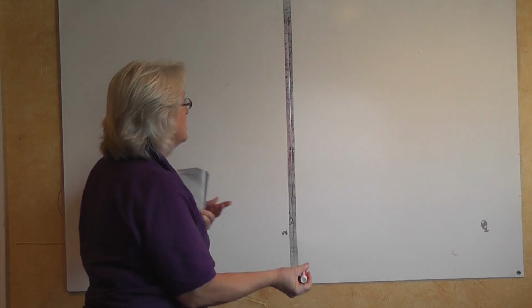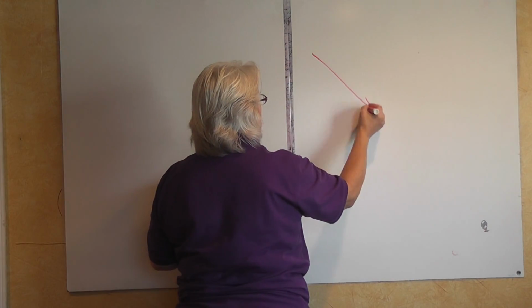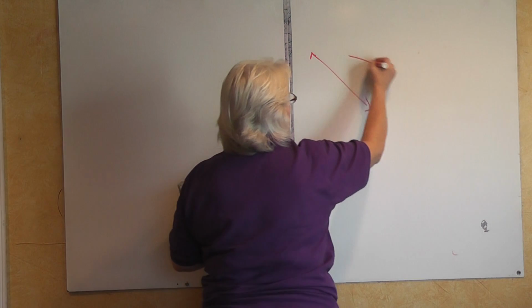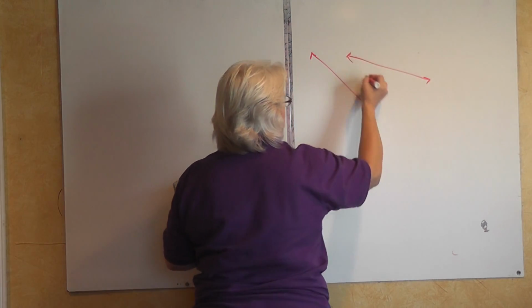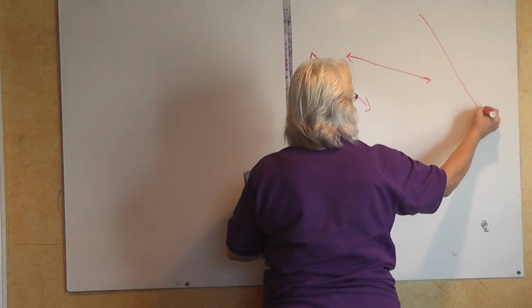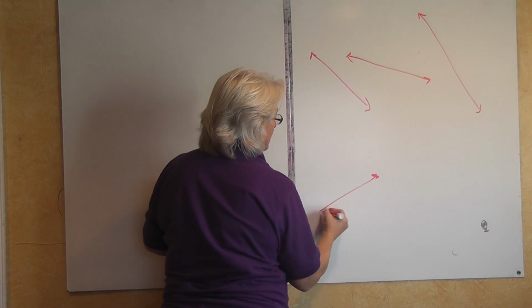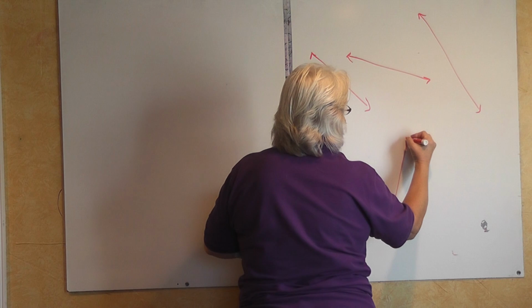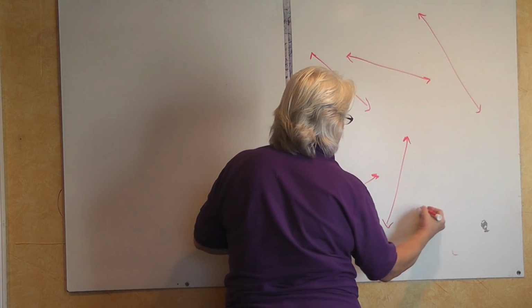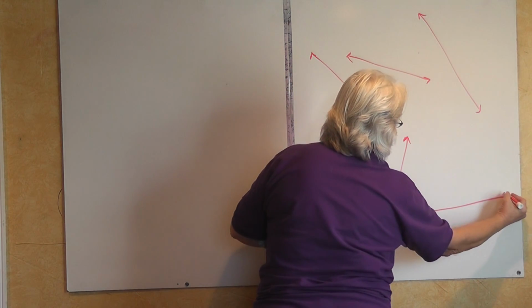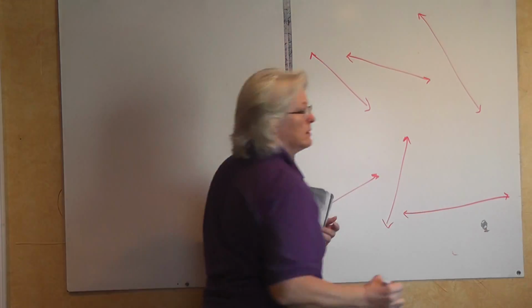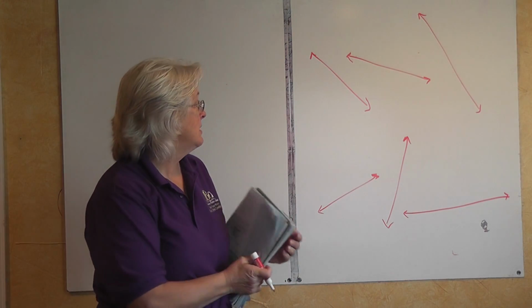Lines with negative slopes are going downhill. Here are some examples of some lines that have negative slopes. Here are some examples of lines that have positive slopes. How do you tell the difference?